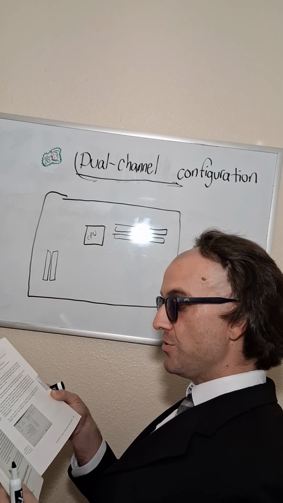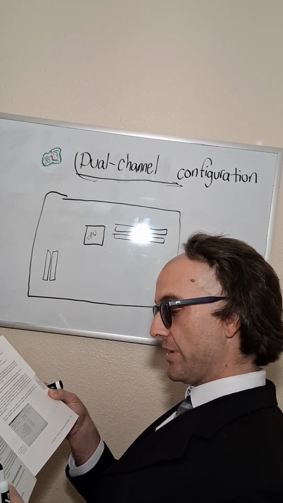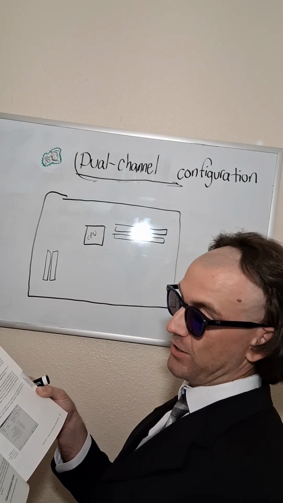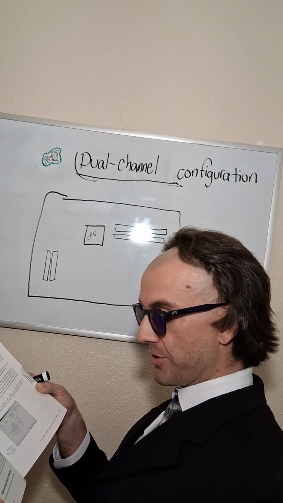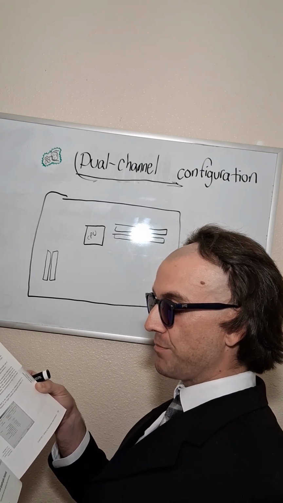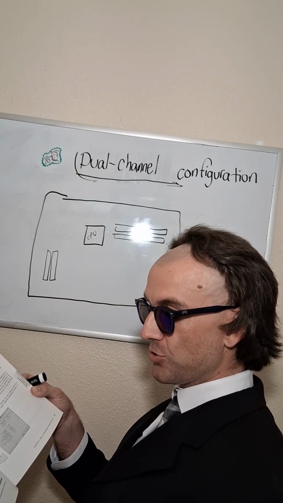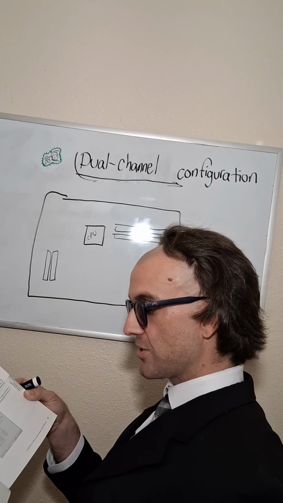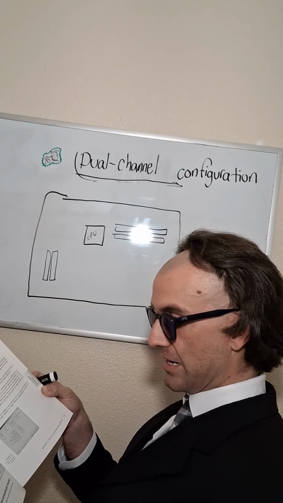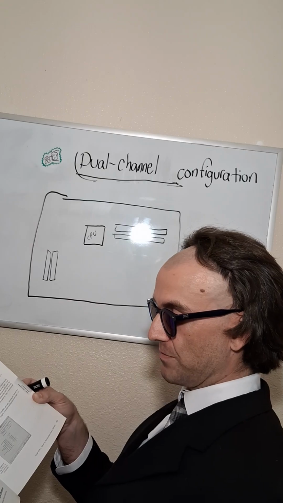You also need to be using DDR, DDR2, or DDR3 memory to take advantage of dual channel architecture. If your motherboard supports dual channel memory, you will install the memory modules in pairs. These pairs must be similar modules in capacity and speed. For example, when installing 4 gigabytes of RAM, you install two 2 gigabyte modules.